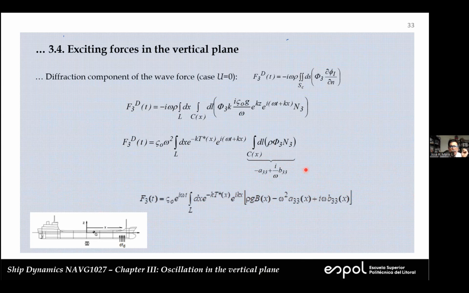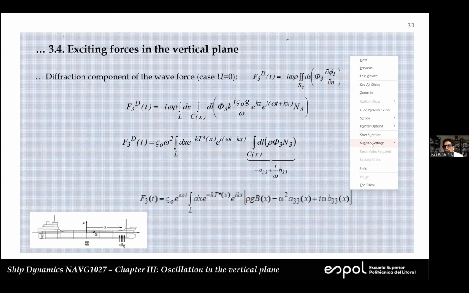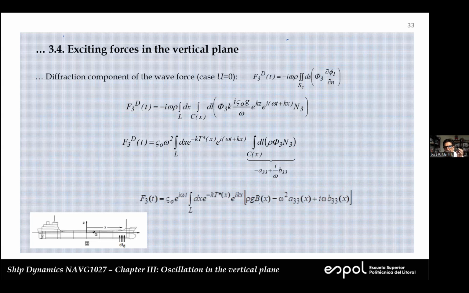In general, when we calculate this, when we consider waves coming from the bow, usually this term here is the most important. But I want you to calculate that, and you can conclude about this simplification. Then you can say, by experience, this is the most important component when you receive waves from the bow, only in that case.